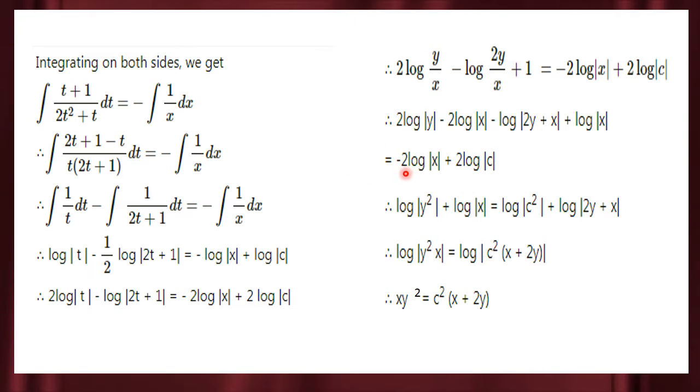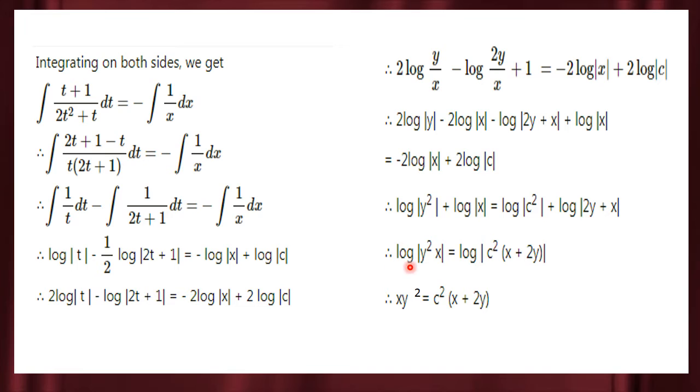And there is minus 2 log modulus of x, so taking this minus 2 log modulus of x to the LHS, then we can cancel one more log modulus of x and it will become plus log modulus of x is equal to log c square, and then this minus log 2y plus x is taken to the RHS.